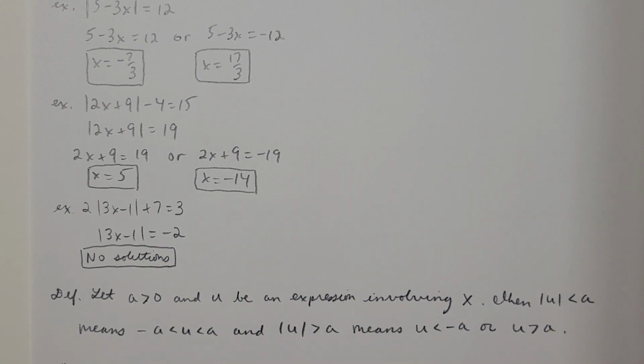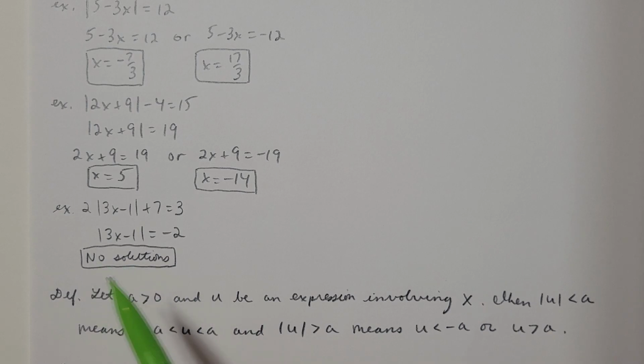equals negative 2. Okay, now there's going to be no solutions to this equation because I know that anything coming out of the absolute value bars is never going to be a negative. So the question here would be how many positive numbers are there that equal negative 2? None of them, right? There's no positive equal a negative.